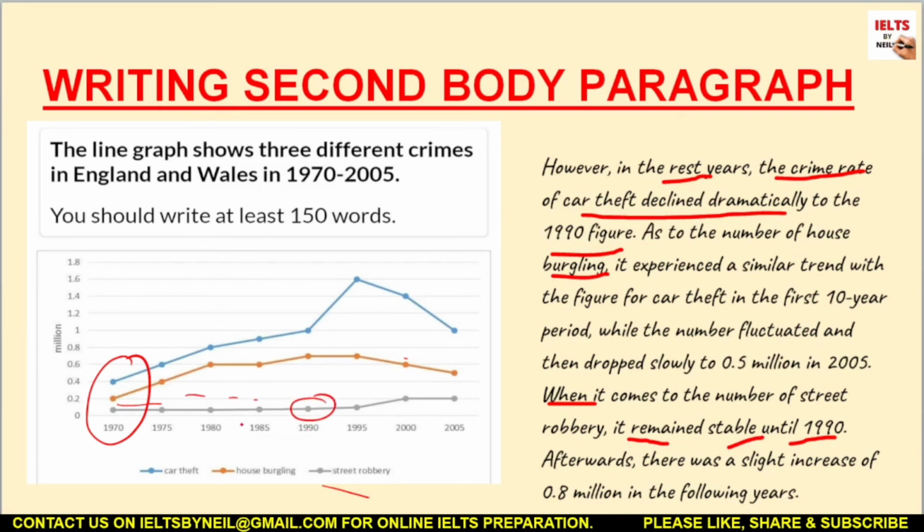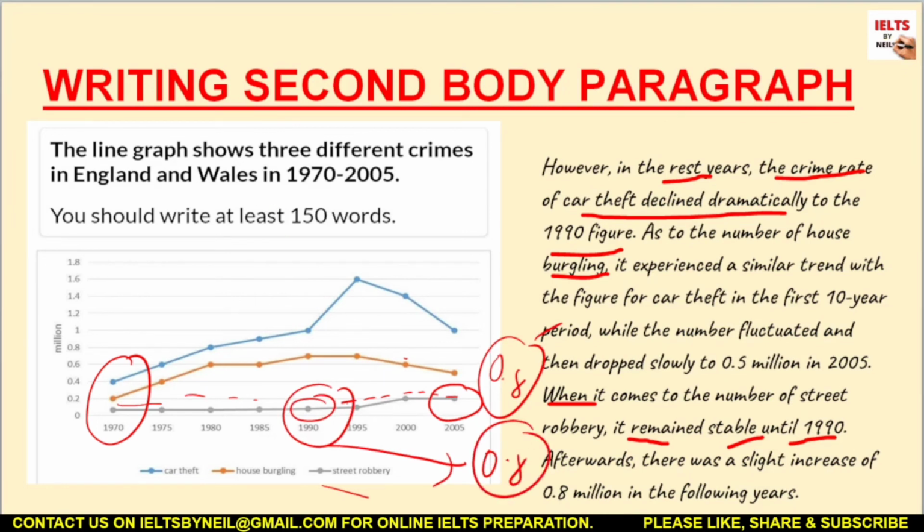Okay, yes, see, it's almost the same. Afterward there was a slight increase of 0.8 million in the following years. Means from 1990 it started to increase, right? And it reached 0.2, which is an increase of 0.8 million in the next few years. Means from here to here it increased 0.8 million.